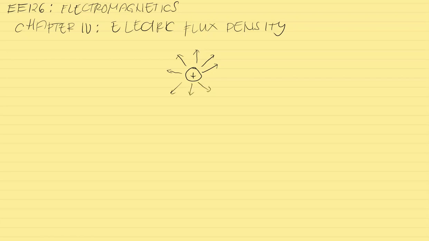We already did this one in chapter 3, where we solved for the electric field in that direction. Now they try to quantify these lines coming from this charge, and those lines they call the electric flux.